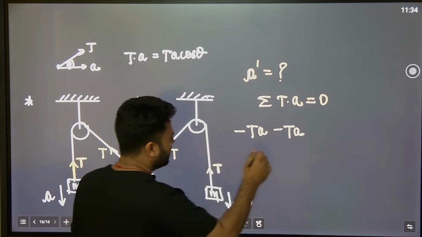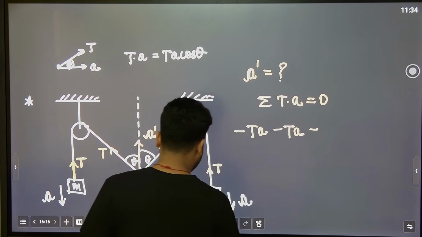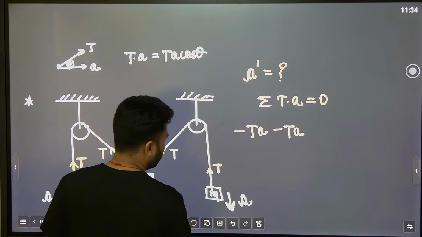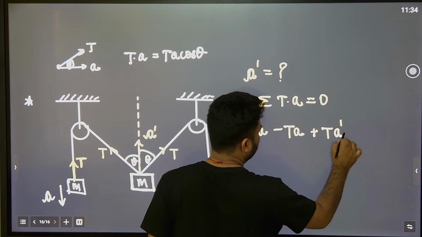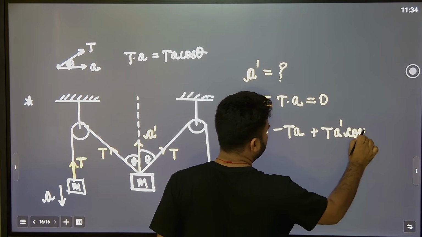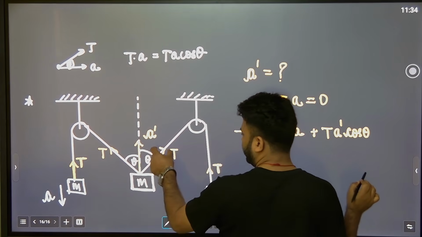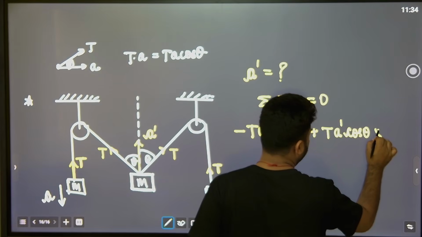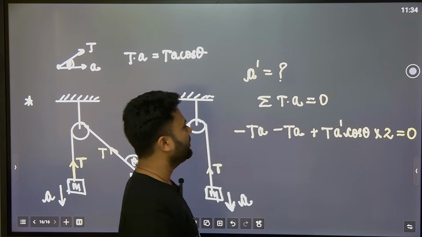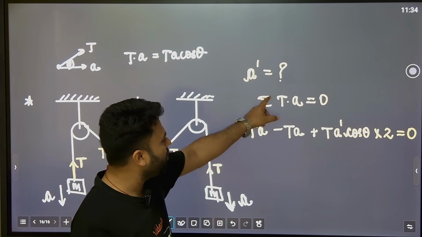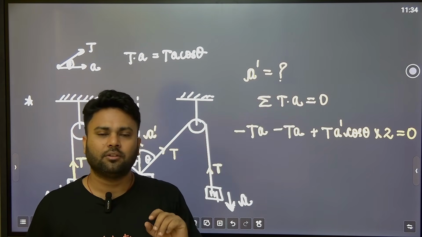So plus T A dash cos theta. And same thing for this thread also, so multiplied by 2. And this should be equal to 0. Always remember, summation of all T dot A should be equal to 0.